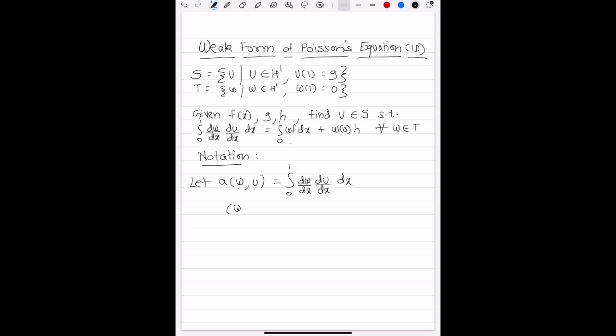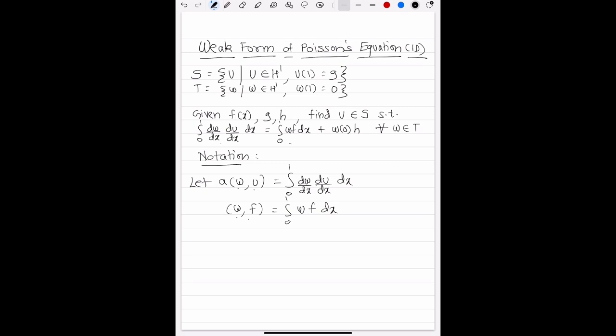Similarly, we are going to define (w, f) as the integral over the domain of w multiplied by f dx, which is our second term in the weak form. So (w, f) is the integral over the domain of the product of the first function w with the second function f.